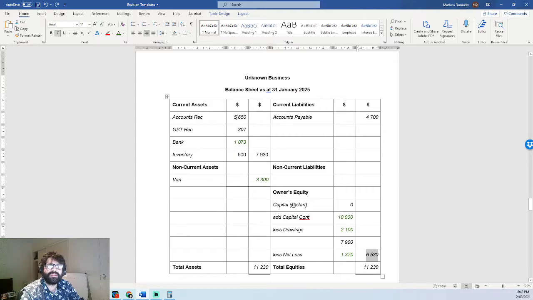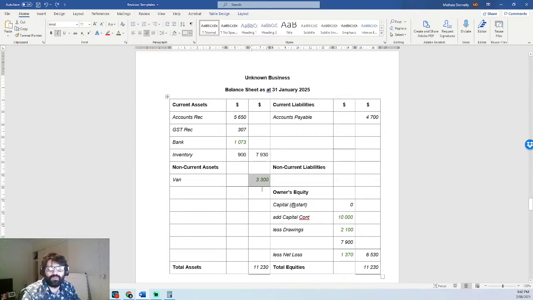So if you look at each of these, we get a benefit. With the accounts receivable, when they pay us back, we get that back. When the GST is fixed and tax is due, we're going to get that much back. We've got this much to spend, and we've got this much inventory we can sell. We also have a van that we can use, and we get $3,300 worth of value from it because that is what it is worth.